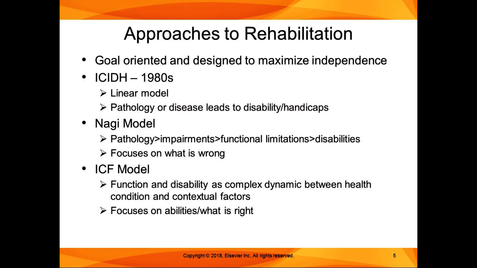Sort of the current ICF model, which is the International Classification of Functioning, Disability and Health from the World Health Organization, focuses on abilities, focuses on what can the patient do, what is right. And it sort of has a model of function and disability as a complex dynamic between health condition and the context that the patient is in.